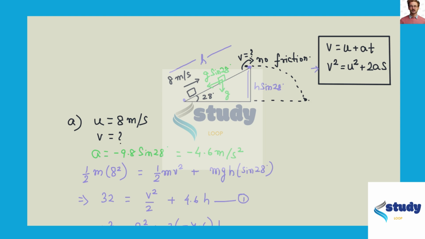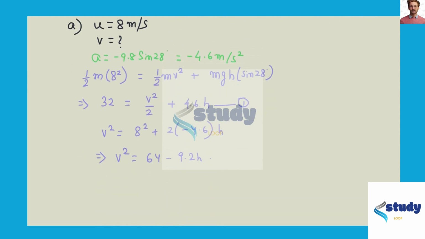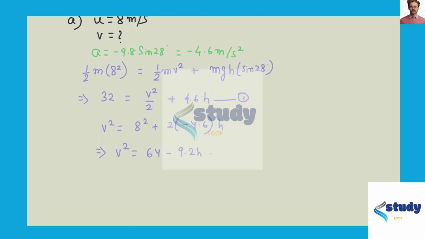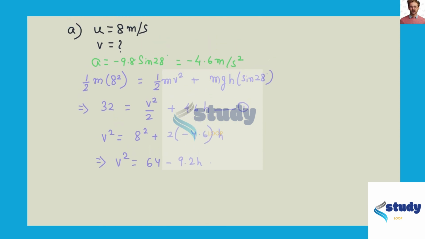These two equations are the same, and we see that it's important to know h, the length of the incline. Let's consider the length of this incline as 1 meter. In that case, v would be the root of 64 minus 9.2, which gives v as 7.4 meters per second.